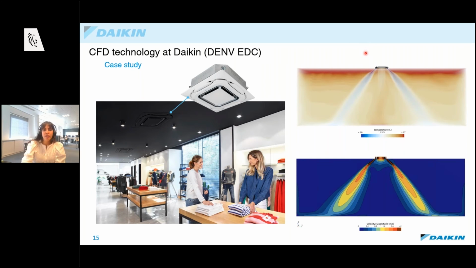Now, going into more detail to explain the case of study. This, for example, is one of our units. This is a cassette unit that is used for commercial applications. And normally we would start with a more simple basic simulation where we analyze the impact of the flow. We see temperature changes. We see if our original model is working, predicting correctly the test results we have.